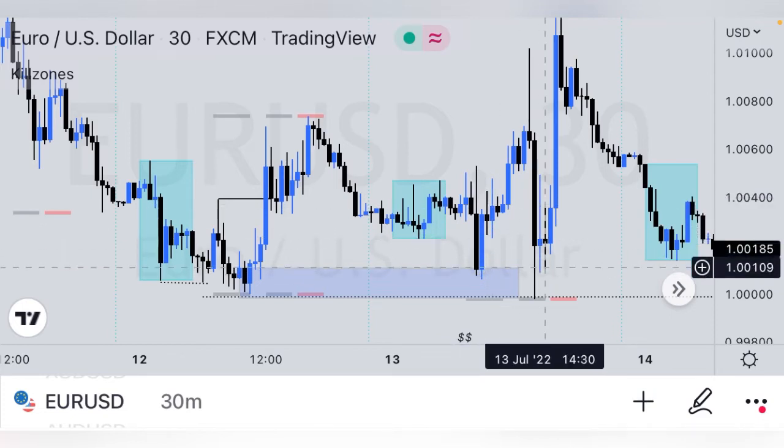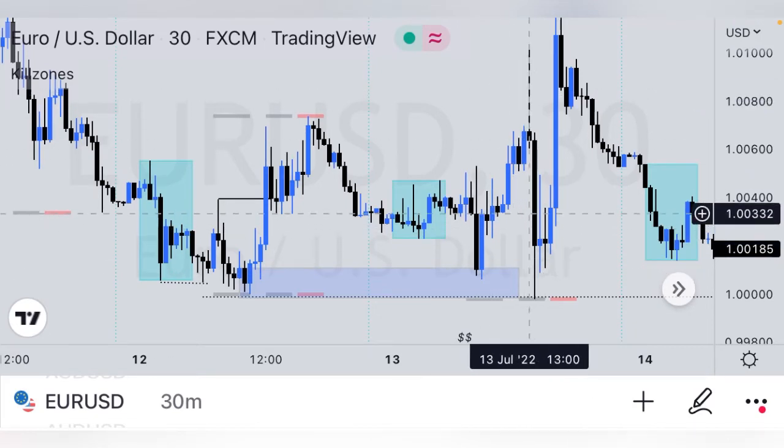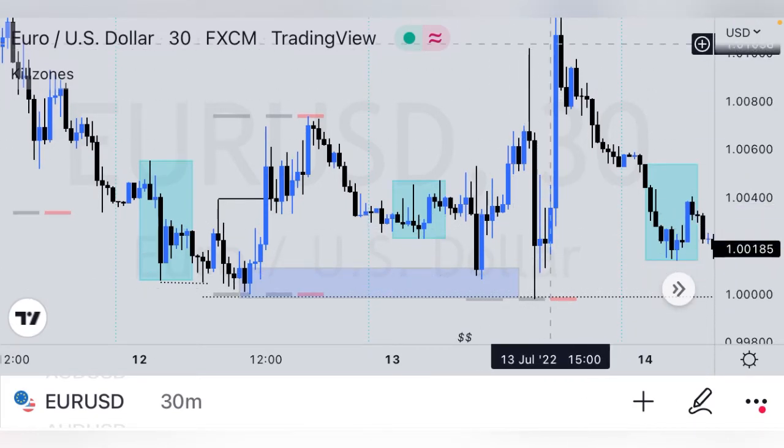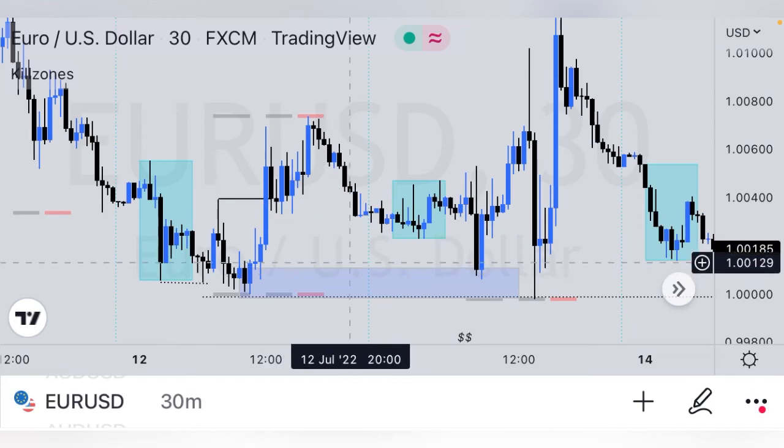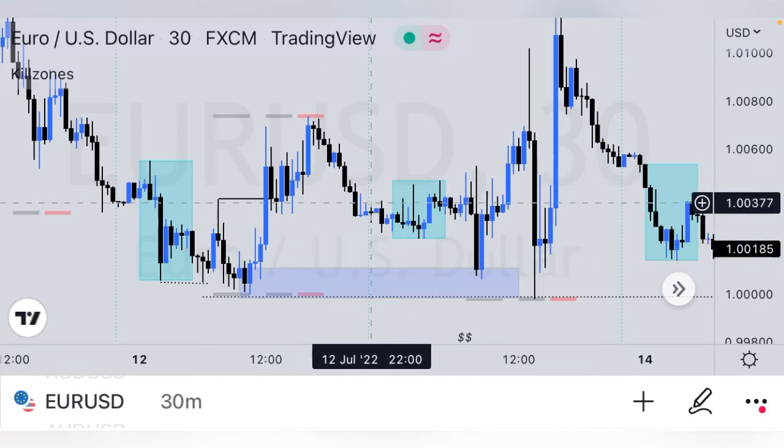One or two sessions is okay for you to make the profit of the day, because once the market reaches the London session, it moves away and then comes back to mitigate zones before going up again.